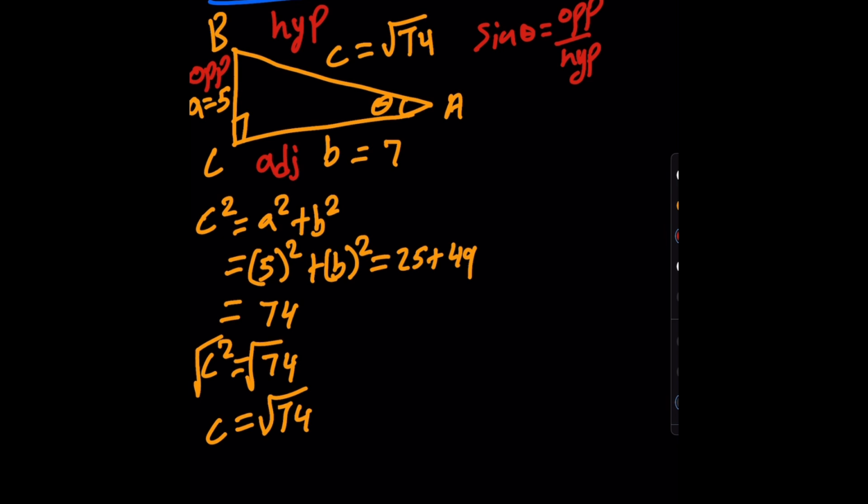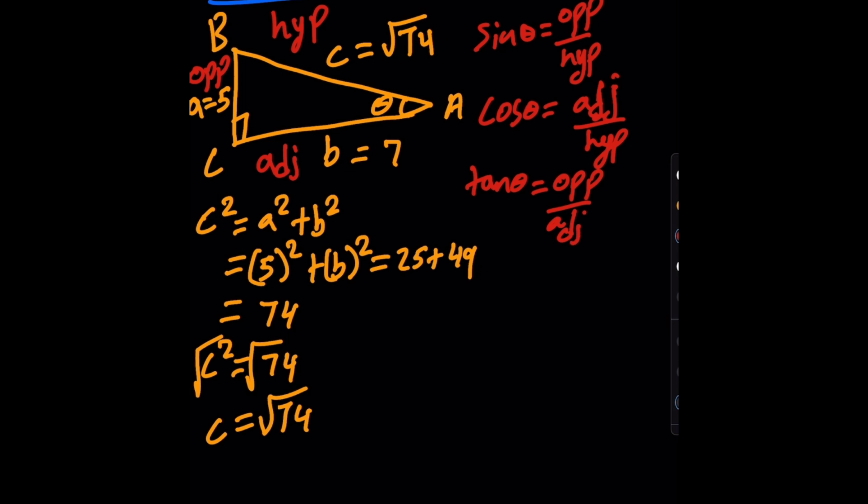So we have to know the sides of the triangle. And we have to find cos theta, which is adjacent over hypotenuse, right? And tan theta is opposite over adjacent, okay?